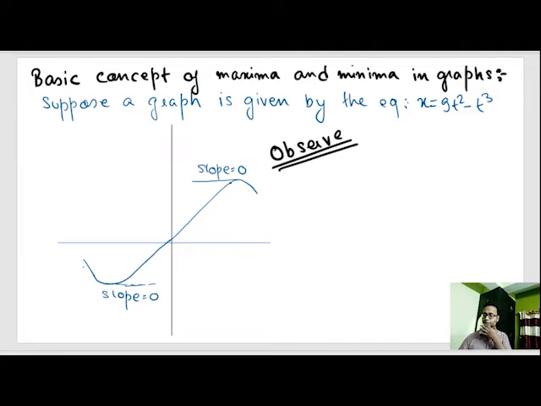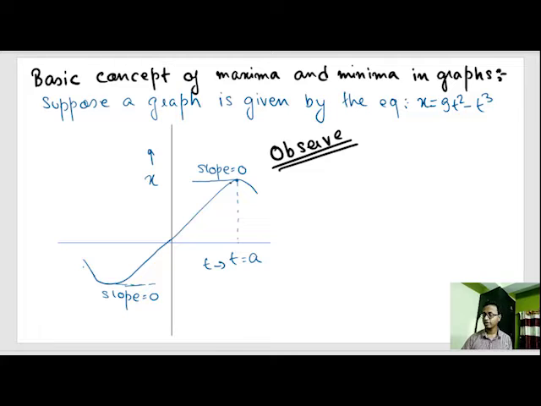Okay, so let's suppose this is a point where the slope is equal to 0, on a graph of x versus t. So at time t equals a seconds, or 5 seconds, or whatever time that is, the slope becomes 0.